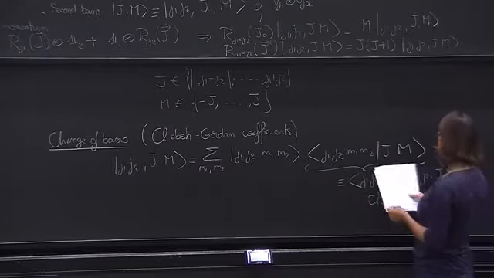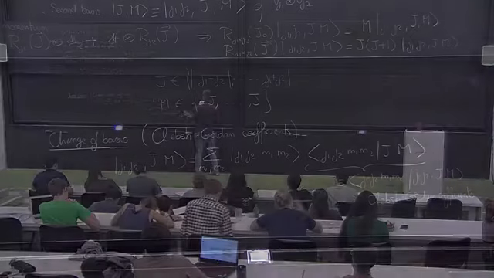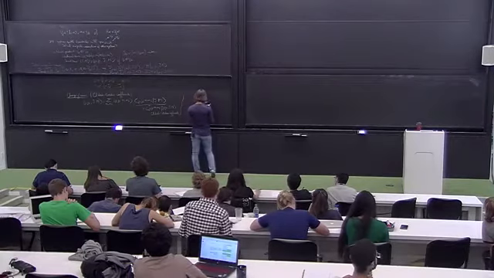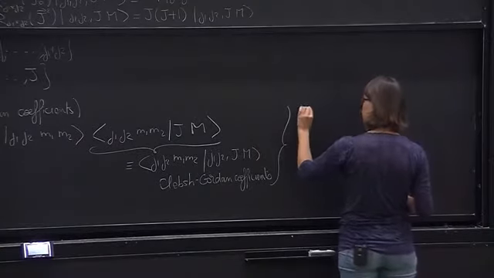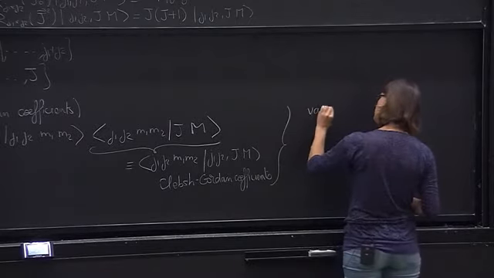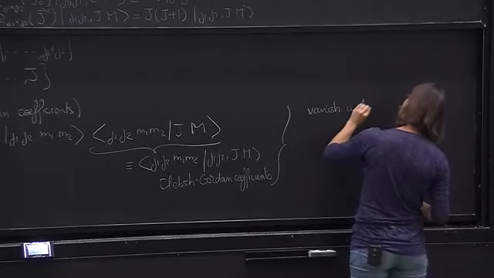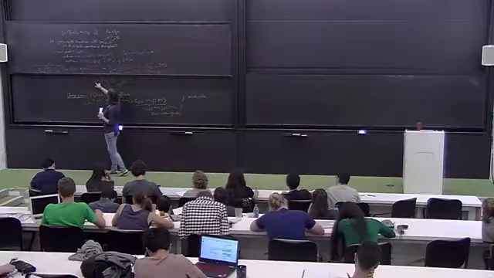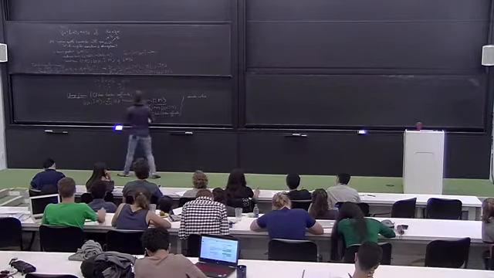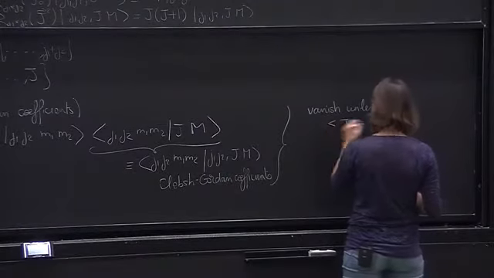And here, these Clebsch-Gordan coefficients are going to vanish unless this selection rule is satisfied. So what are they? It vanishes unless, of course, you want your spin J, the big J, to be part of this set.